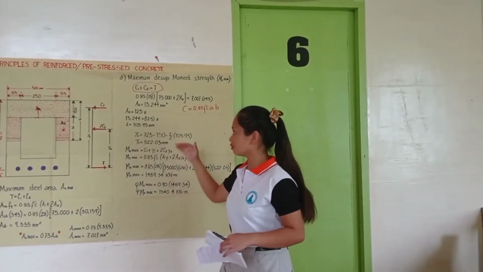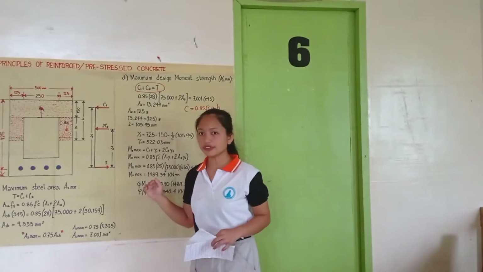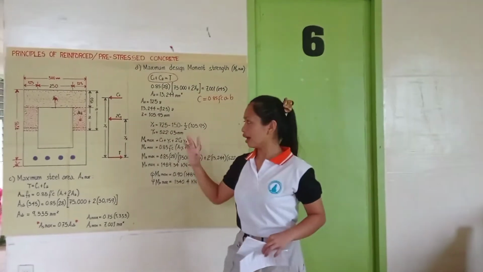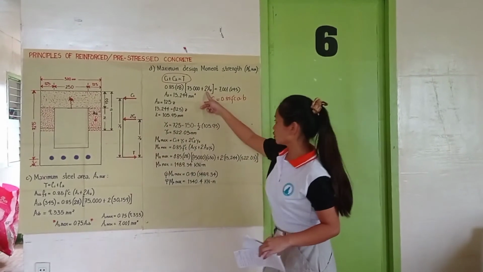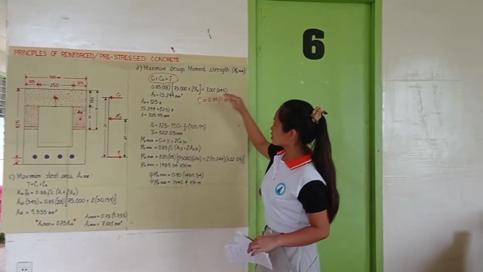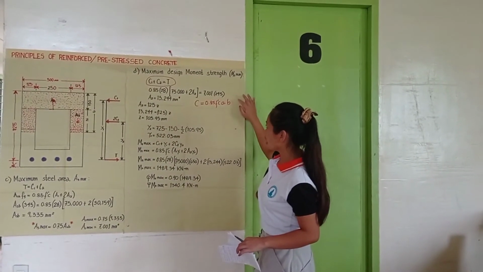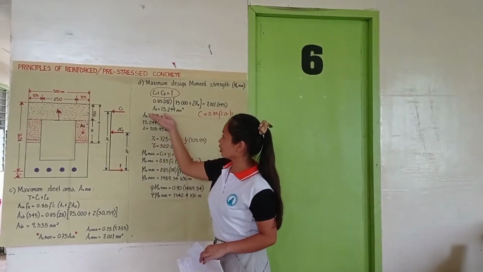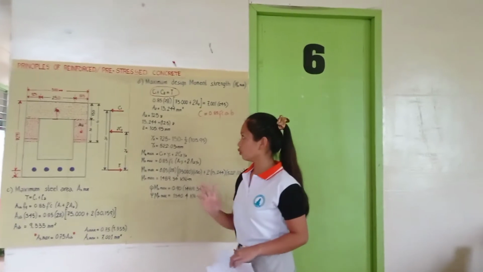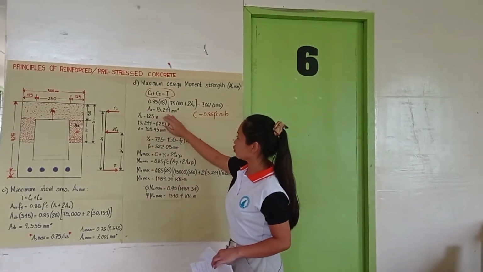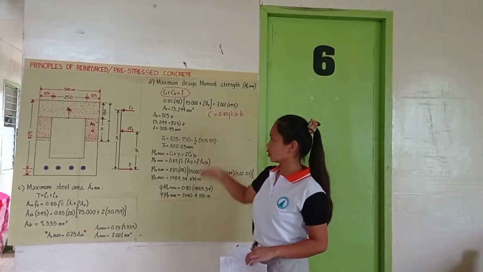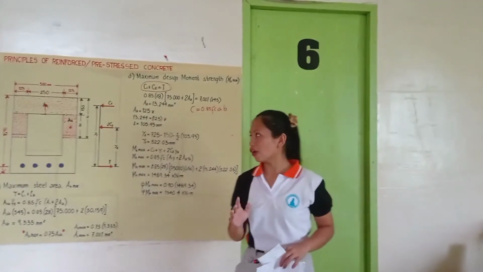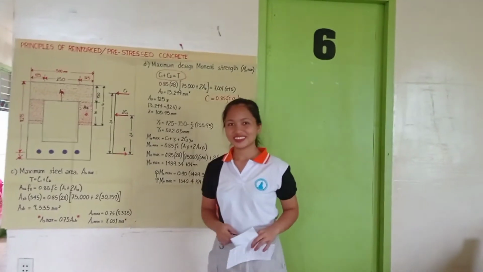Area 1 stays as it is, 75,000. So we have 2A2 equals 7,001 times 345. And the answer is the new area 2 is equal to 13,244 millimeter squared. After solving for area 2, we will now solve for Z.